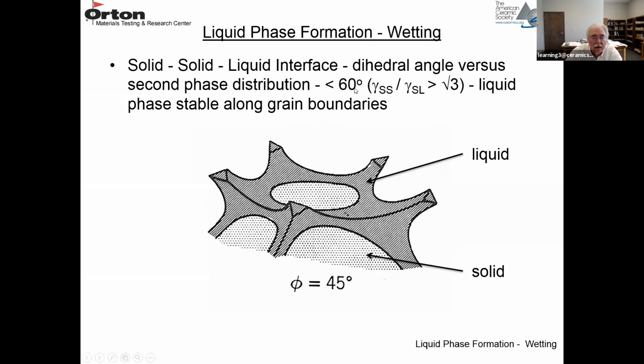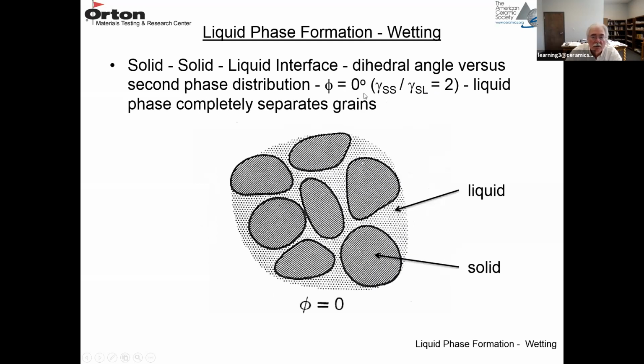As this dihedral angle approaches 0, the ratio gamma SS to gamma SL is 2, and now the liquid is completely separating the grains. So this is phi equals 0. You have solid dispersed in a liquid. This is the kind of scenario that can happen at the hot face of a refractory, depending on how the slag wets the refractory aggregate.